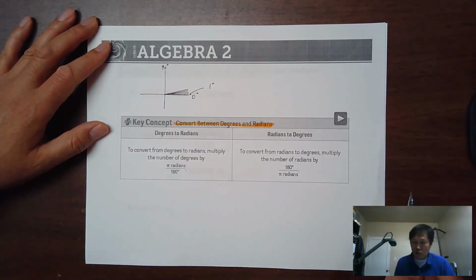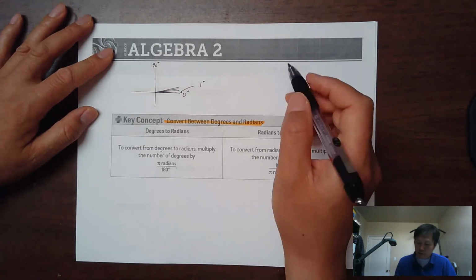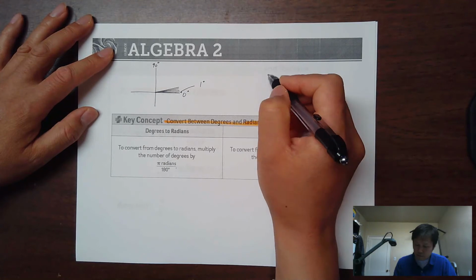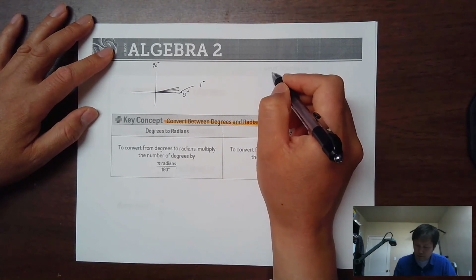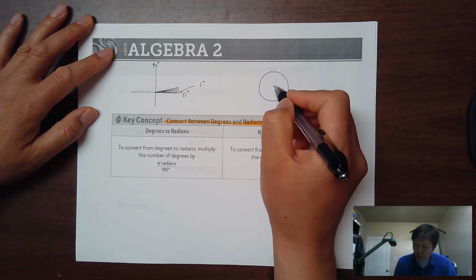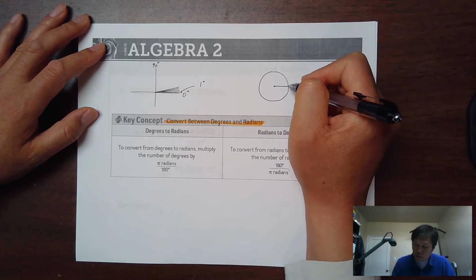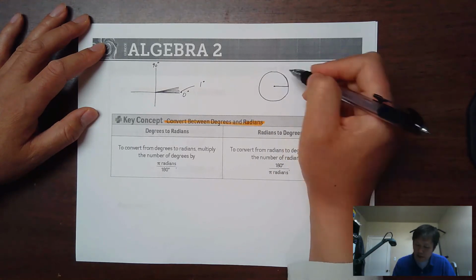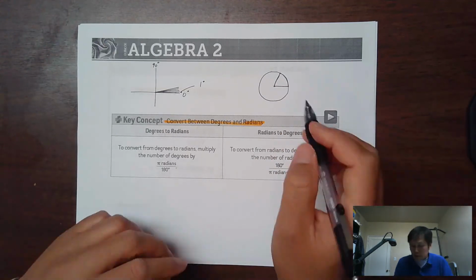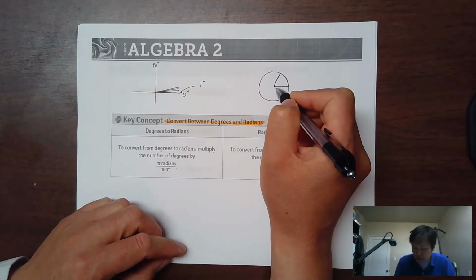You might say, what is 1 radian then? 1 radian would be, let's say there's a circle. Whatever the radius of that circle is, you follow the circle by that distance. So this is a radius, whatever the length of the radius is.